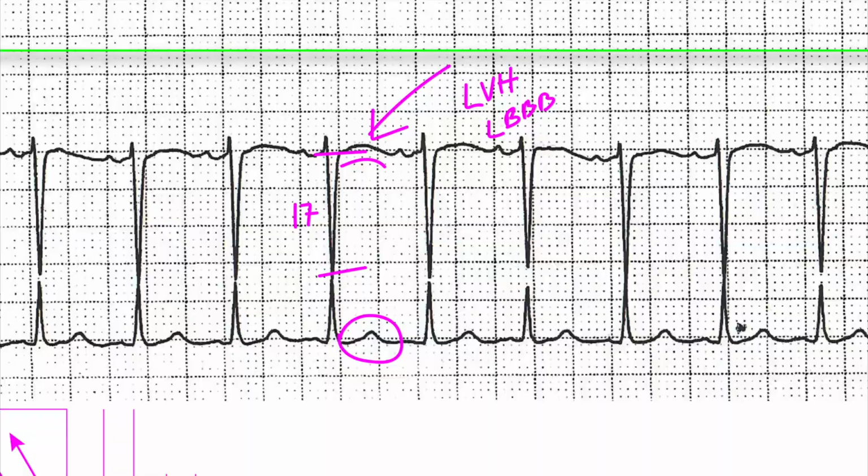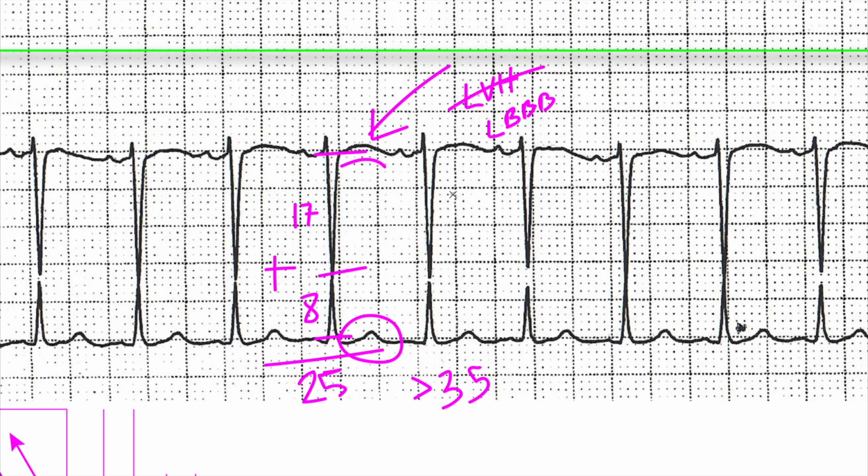I'm going to utilize that, which is exactly what I have here. Measure that out, and that's roughly 8 boxes. When you add the two together, you get 25. Sokolow criteria says that if the addition of these two waves, your value, is greater than 35, you indeed have LVH. We do not, so no LVH.